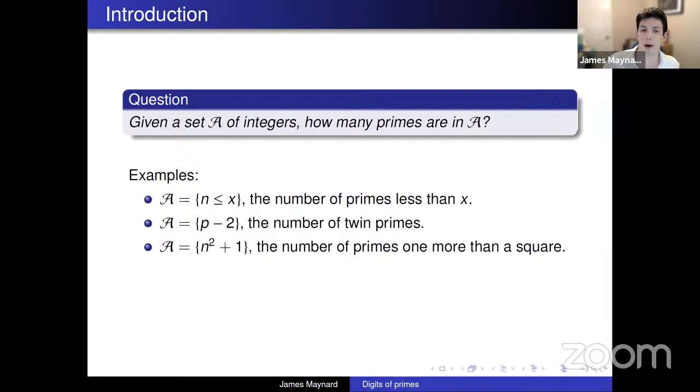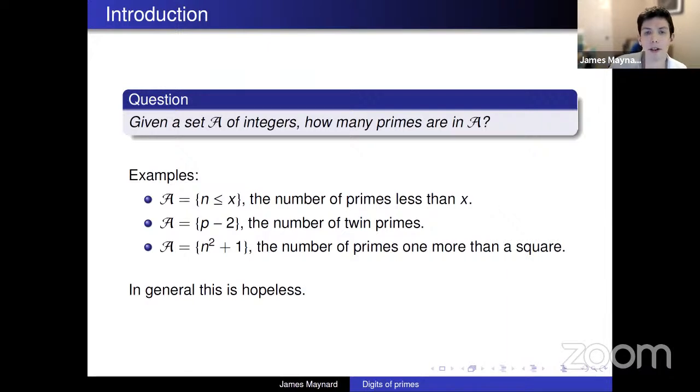So you could take a polynomial like n squared plus 1, and then the question would be how many primes are there of the form n squared plus 1? And this is another one of these 100-year-old, at least, famous open problems that we don't really know how to answer. And in this level of generality, for a completely arbitrary set of integers, this question is completely hopeless.